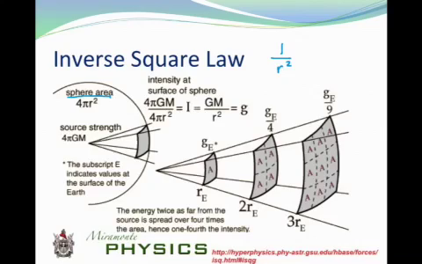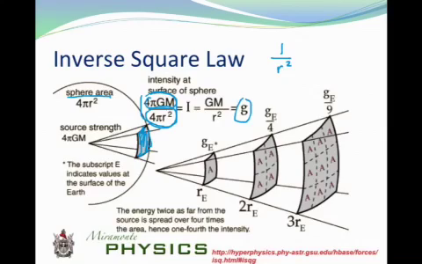The idea is that if you want to understand what's going on at the surface of the Earth, you set up a relationship between the strength divided by the area of that little surface. The gravity that we know, 9.8 meters per second squared, is g, the gravitational value on the surface of the Earth.